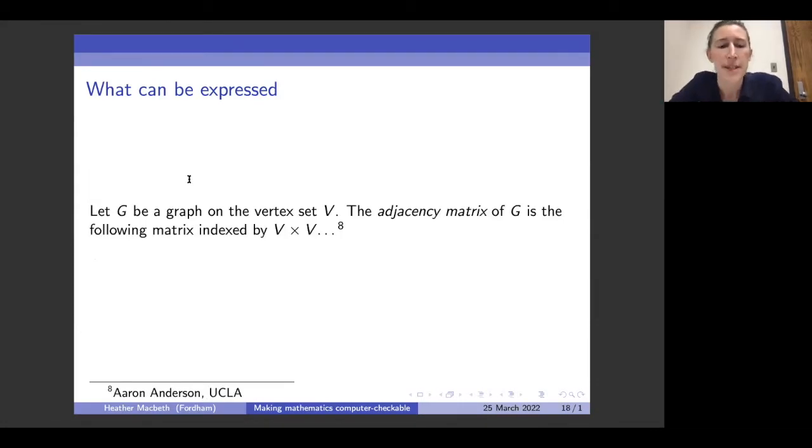I wanted to mention this example about graphs, even though it's not perhaps very showy, because I think it illustrates an interesting point about the language. So this was done by Aaron Anderson, a grad student at UCLA.